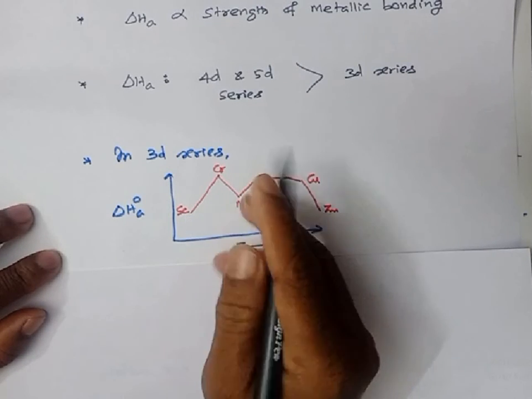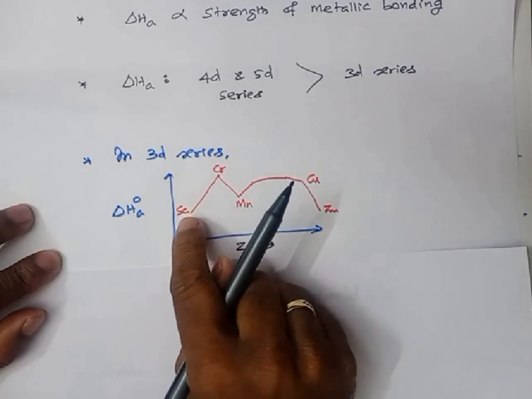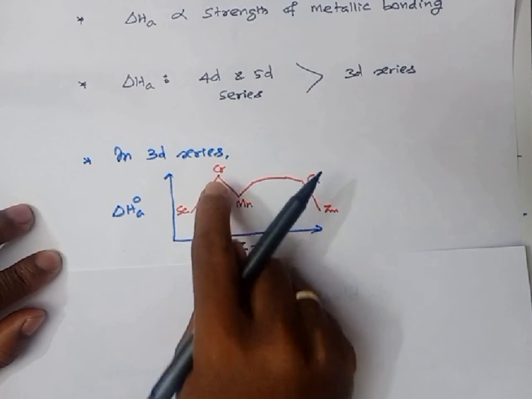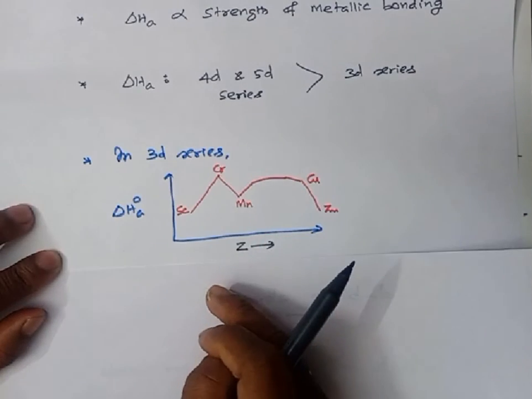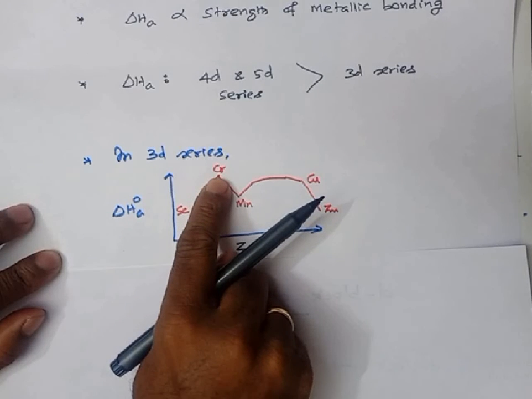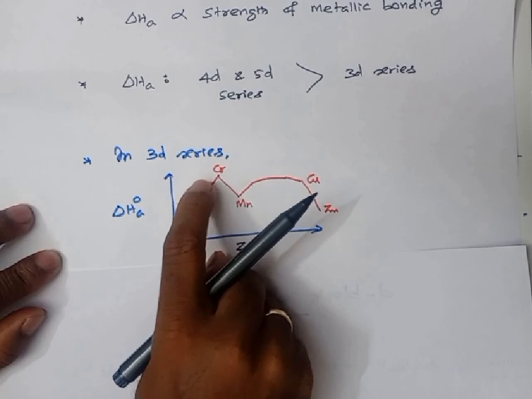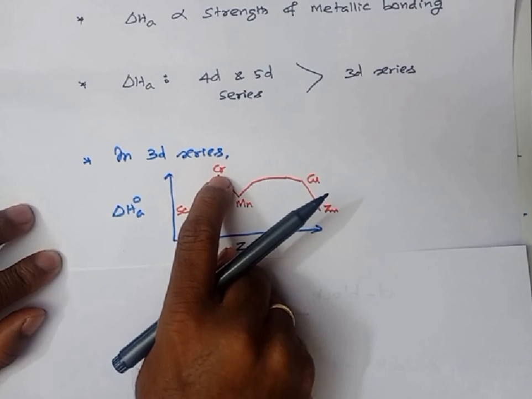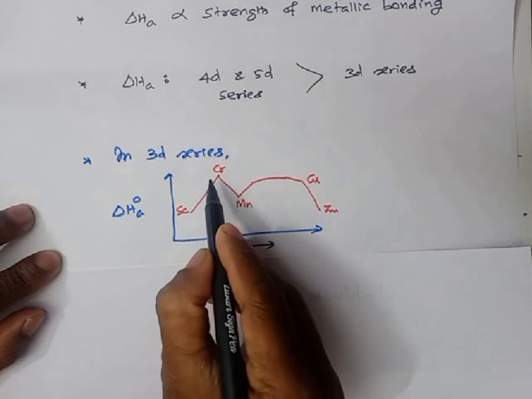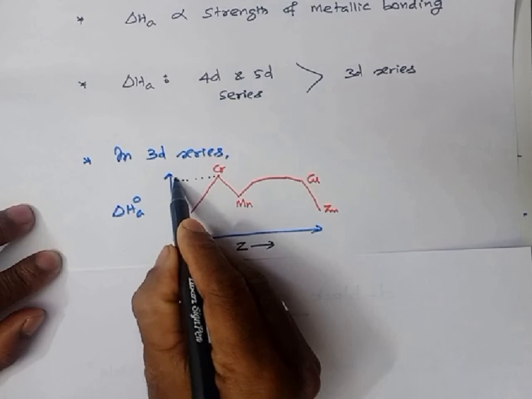You know very well, in the 3d series, when you move from scandium to chromium, the number of unpaired electrons increases, therefore metallic bonding increases. Clear? So in the 3d series, the metal which has strong metallic bonding is chromium. So chromium has the highest enthalpy of atomization.